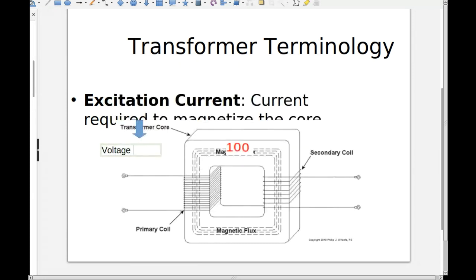This is the high voltage, the voltage on the primary side, so let's say it's 10,000 volts over here. When we take it over to the other side, through this winding, the voltage steps down. So we get 100 volts. So this would be a step down transformer.